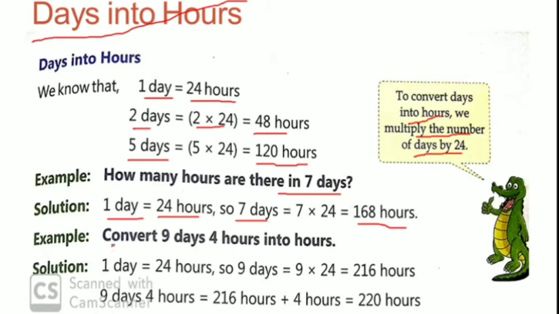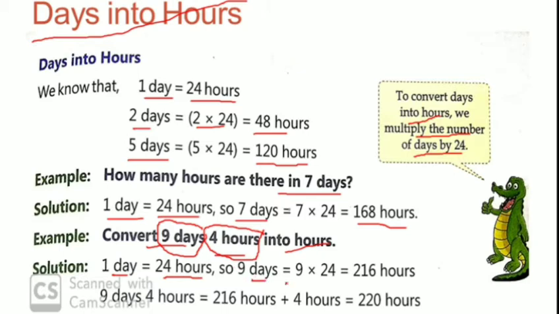Next example, convert 9 days 4 hours into hours. Here keep in mind this part of the question is already in hours. ठीक है, तो इसे convert करने की जरूरत नहीं है. We just need to convert the 9 days into hours. 1 day is equal to 24 hours.